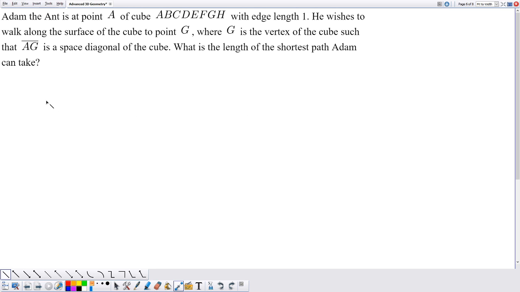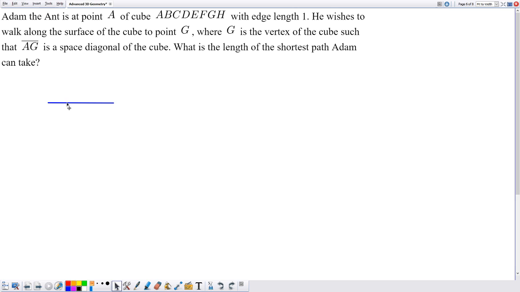So, to start, let's draw our cube, where all the side lengths, or all the edges, must be the same. Something like that will get us started. Alright.